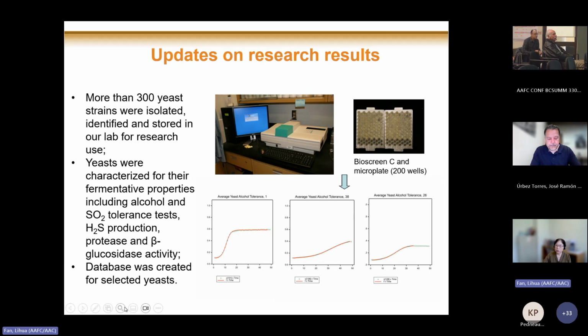This slide shows that yeast tolerance tests were determined using a Bioscreen C instrument and microplates with 200 wells. That will generate numerous growth curves of the yeast. Based on that result, we conduct a statistical analysis based on log and lag stage, slope of the curve, and highest OD values.